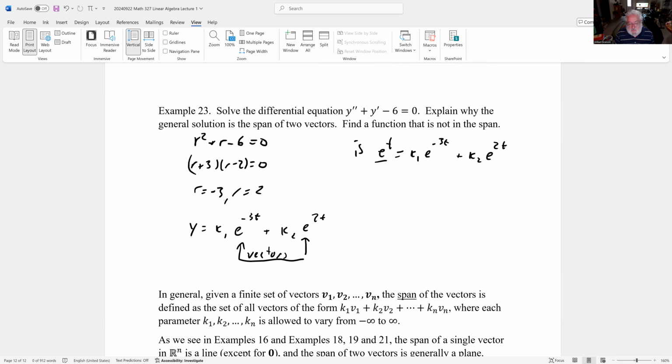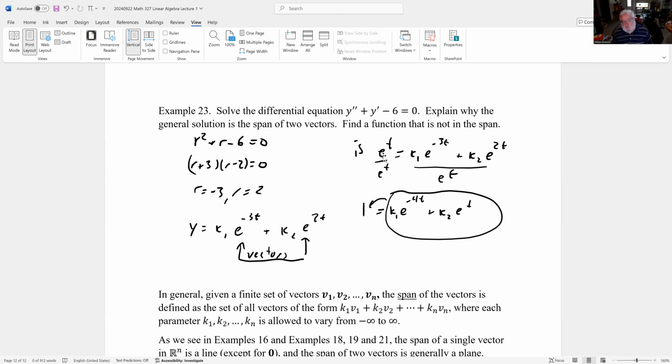We can divide both sides by e to the t, and we want to pick k1 and k2 so that the right-hand side is in fact a constant, and not just a constant, but the constant 1.